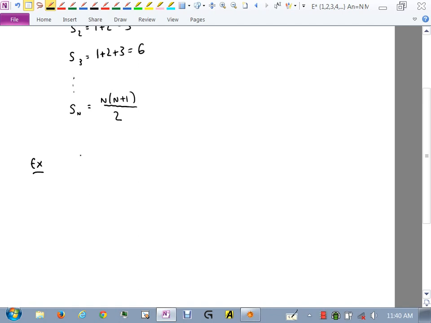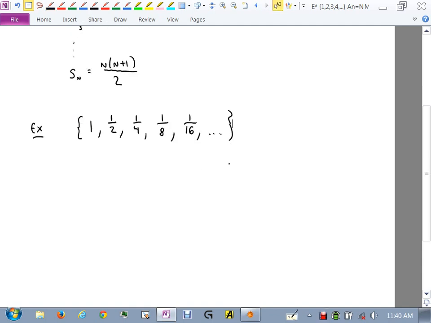How about I give you a sequence, this time I'll just write it out. 1, 1/2, 1/4, 1/8, 1/16. This is our a sub n. So let's look at the sums.